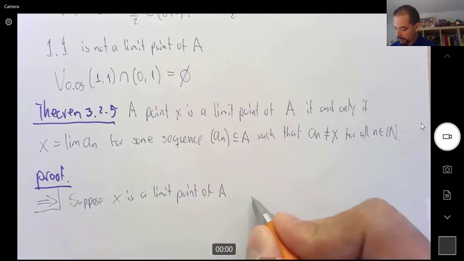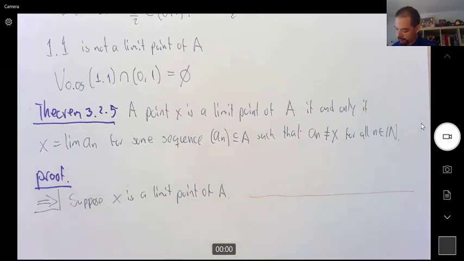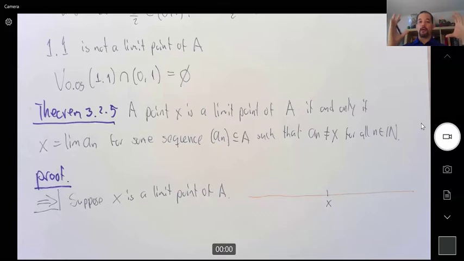So picture time. Here is my X, and I'm going to pick some neighborhood. And then because it's a limit point, that neighborhood will intersect A. The neighborhoods that I'm going to pick, just for simplicity, are 1, 1/2, 1/3, 1/4, 1/5, because those become smaller and smaller.